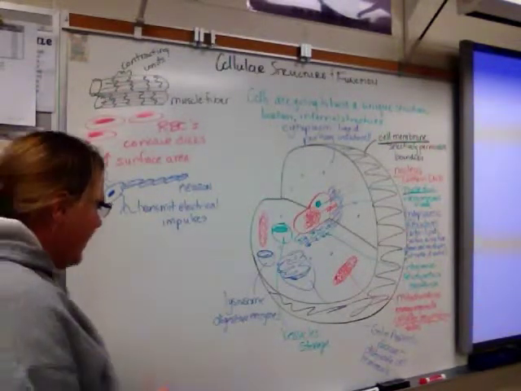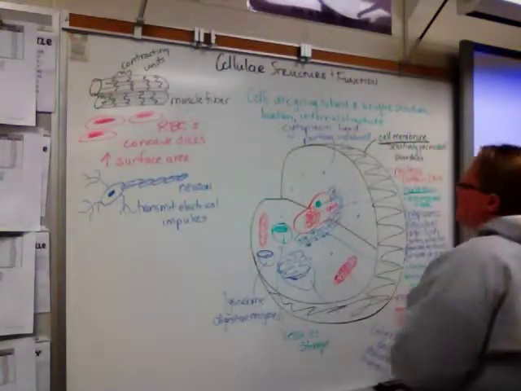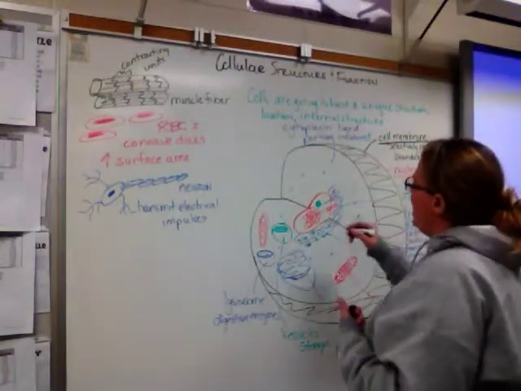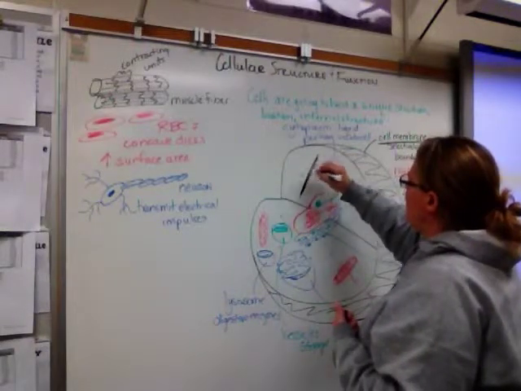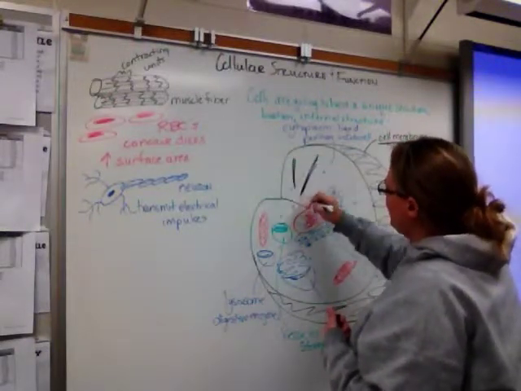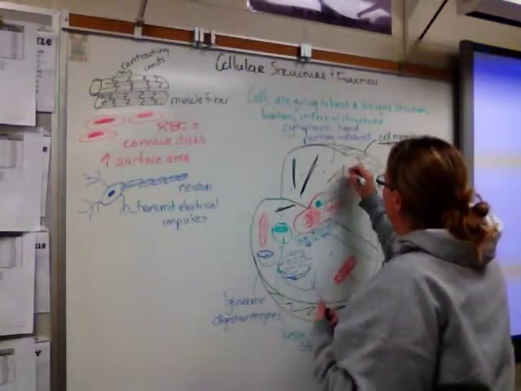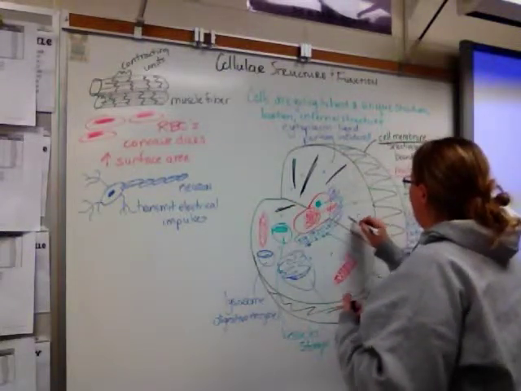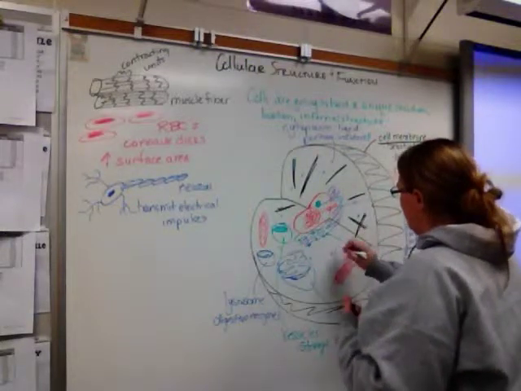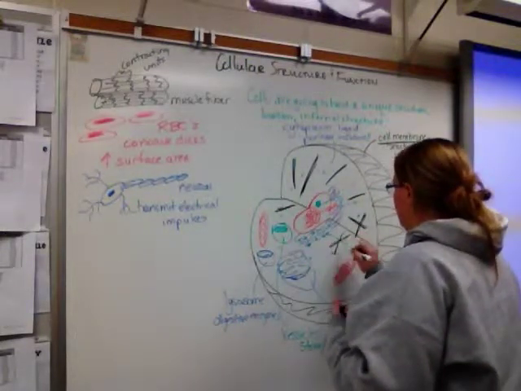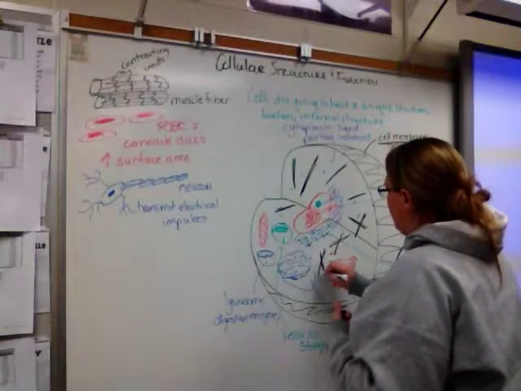The last structure that I need to tell you about is one of the most important ones, and that is the series, I'm going to make these kind of thick, the series of thick protein fibers that exist within the cell. Okay, these thick protein fibers, and they crisscross too, so I don't have to make them all parallel. Sometimes they crisscross, sometimes they X. Okay, so I'm just kind of making them random in here.